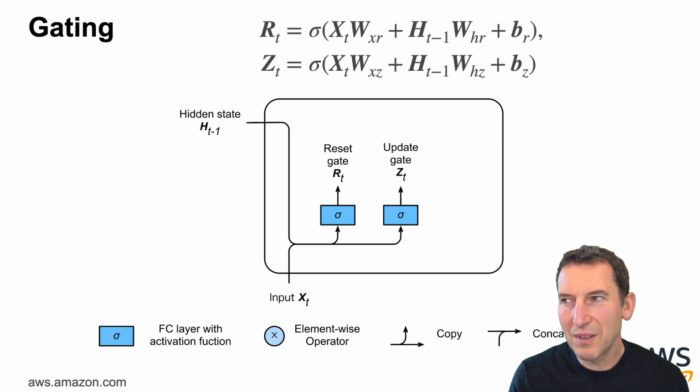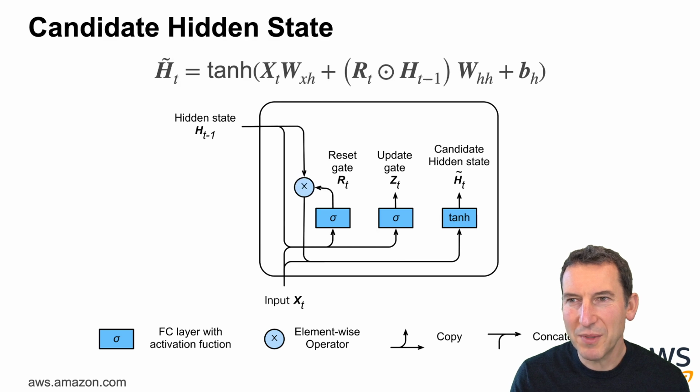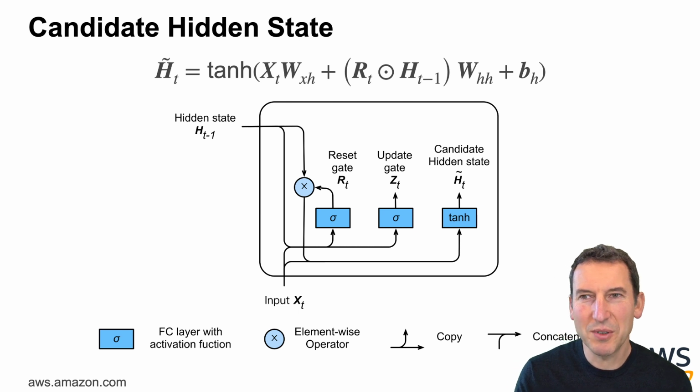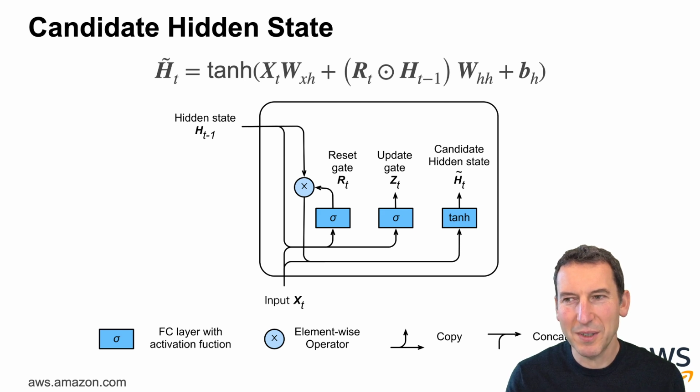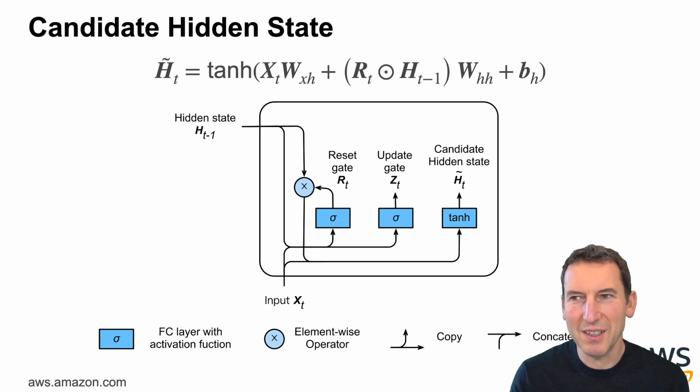Now, this allows me to generate a candidate hidden state. This reset gate allows me to multiply my hidden state with the values of the reset gate. And I concatenate this with the input state, and it gives me a new candidate hidden state, h tilde.